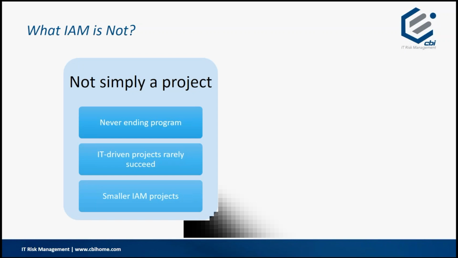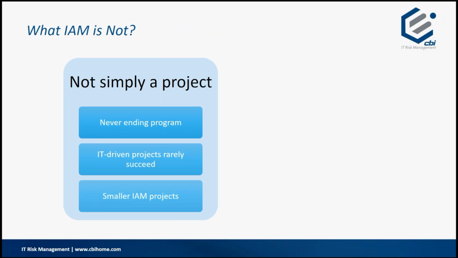You'll have numerous IAM projects, but when you get into deploying an IAM project, lean away from calling it the IAM project, because it's not simply a project. It's essentially a never-ending program. You'll establish the foundations, a project to integrate Active Directory, to integrate your authoritative sources, and then you keep expanding it.